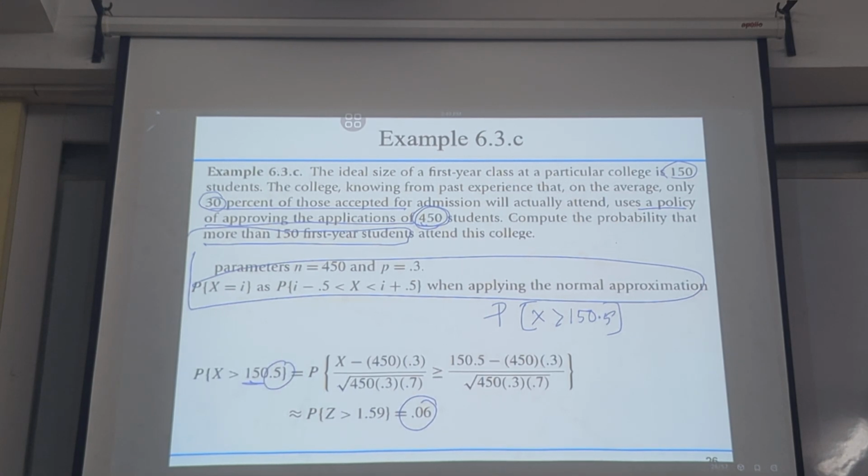Actually, since X is now a normal random variable, you cannot calculate the probability that a continuous random variable X has a value 150.